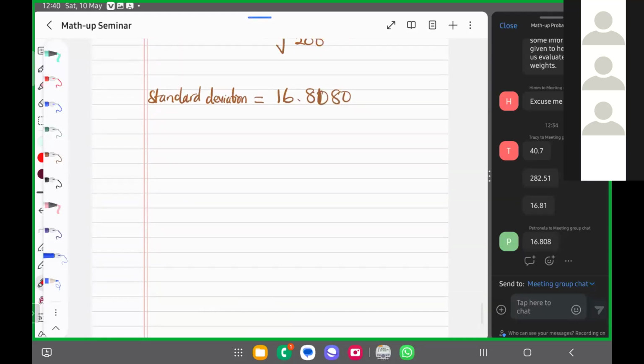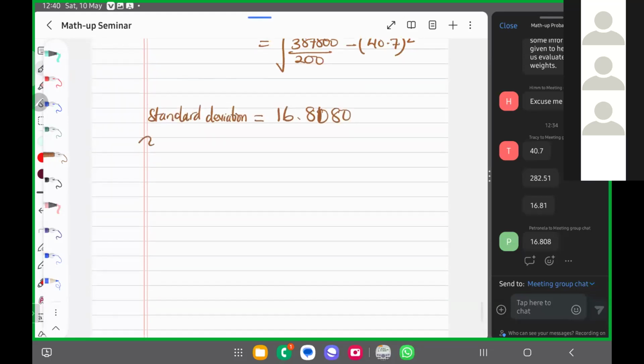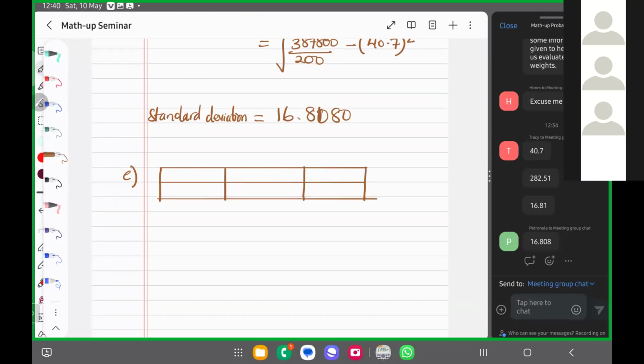So by linear interpolation, I hope we've studied linear interpolation. I'll use the upper class boundaries and cumulative frequencies. We look for the two upper class boundaries between which 54 lies.